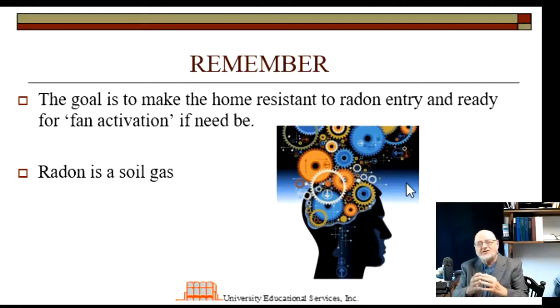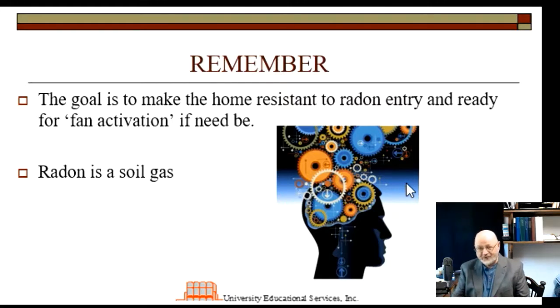In some cases, this passive system that we're going to be discussing may be enough to keep the radon concentration below the action level, but in many cases it may not be enough, in which case a fan will be installed later, and that is incredibly successful if a fan is required to get the radon concentration down below 4. And the other thing I'd like you to remember is that radon is a soil gas.